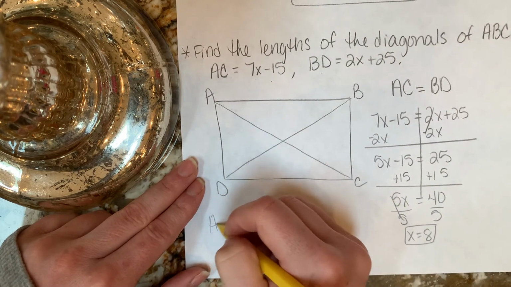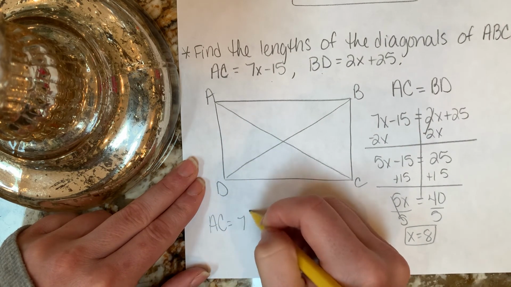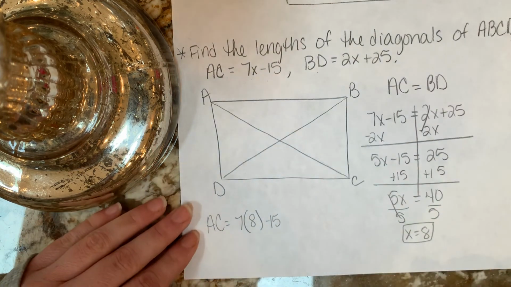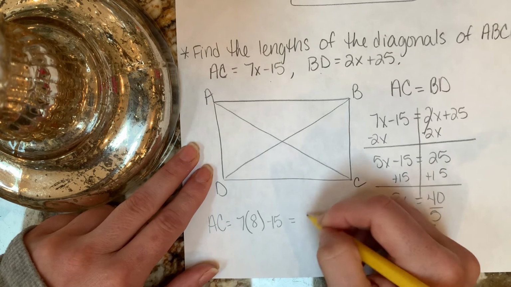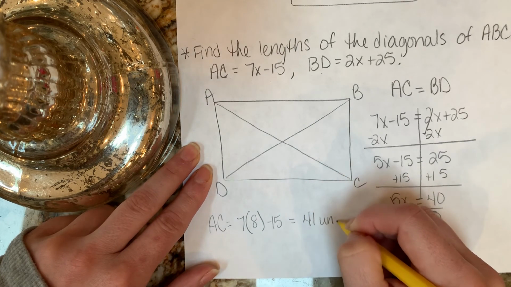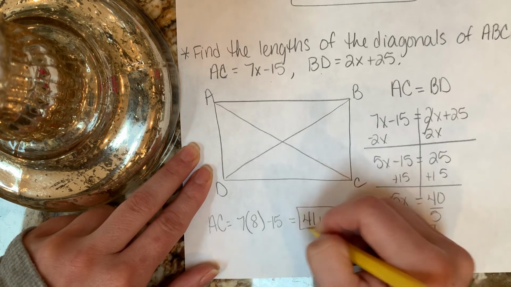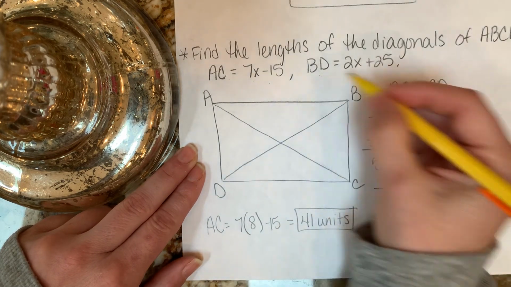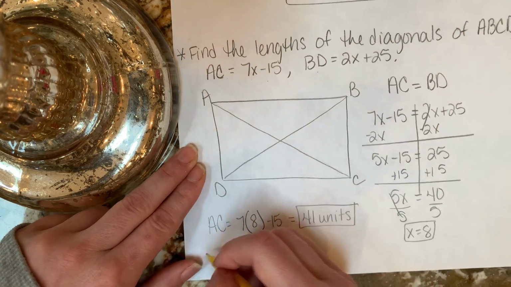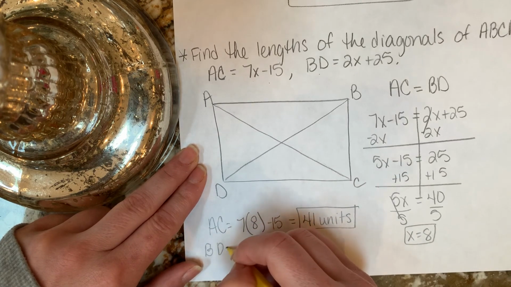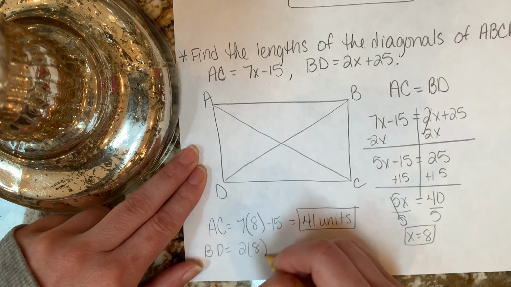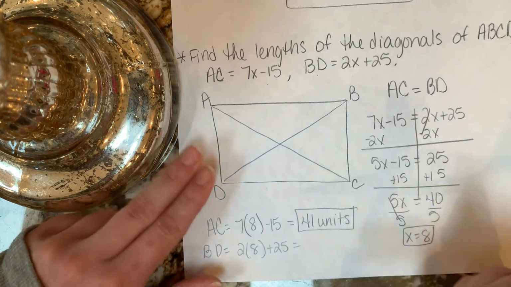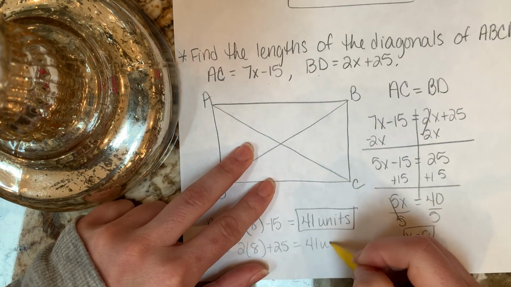AC equals 7 times 8 minus 15, which equals 41 units. Make sure this equals the same amount. BD equals 2 times 8 plus 25. Multiply and add, you still get 41 units.